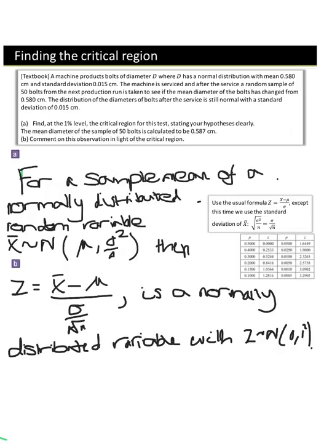Then Z equals the sample mean value minus the mean, over sigma divided by root n, which is a normally distributed random variable, with Z being a standardised normal statistic, modelled on a normal distribution with a mean of 0 and a standard deviation 1, or variance 1 squared.